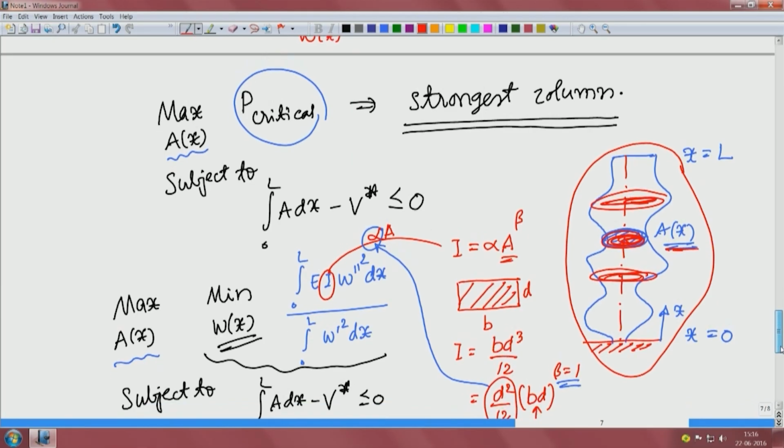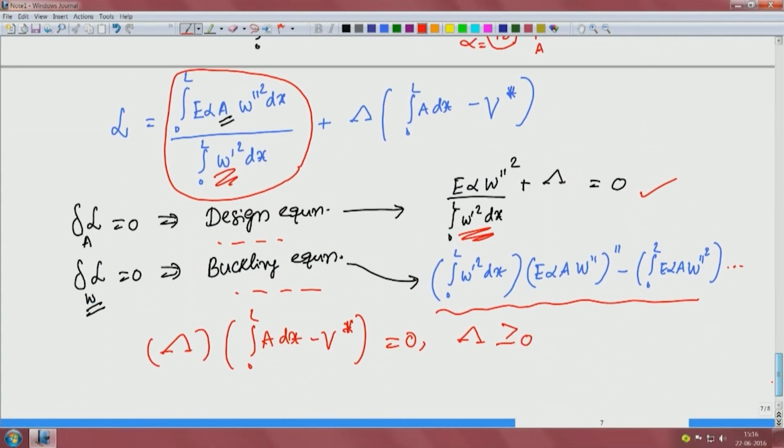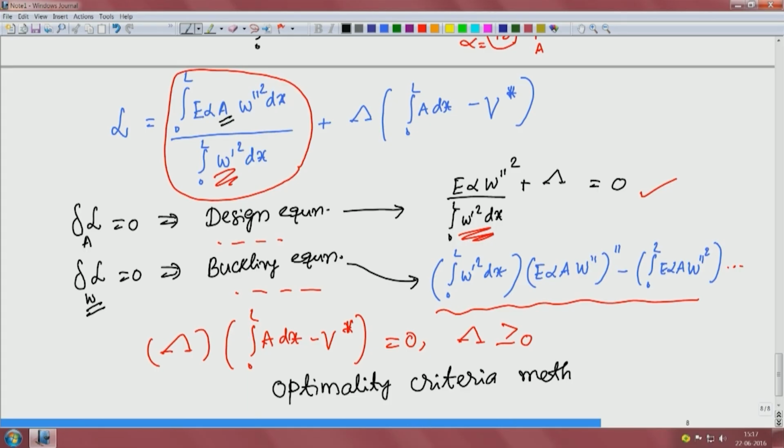That is what we can do when you solve this problem using what we call the optimality criteria method. Using the optimality criteria method, we can get a solution for this optimal column, or strongest column, for a given amount of material V star.